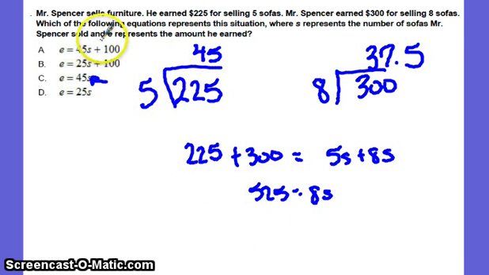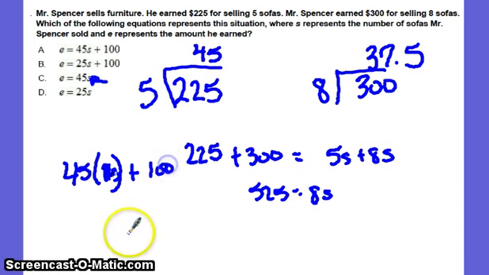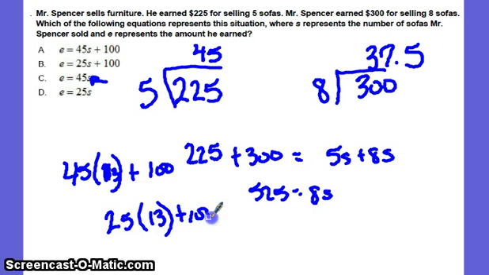I tried saying, okay, 45 times 8 sofas, or excuse me, 13 sofas, plus $100. That should equal 525. It doesn't. I tried it with the next one, 25 times 13 plus 100. That got me close. It got me to 425, but I needed to get to 525, so that one didn't work. And then neither one of these worked either.